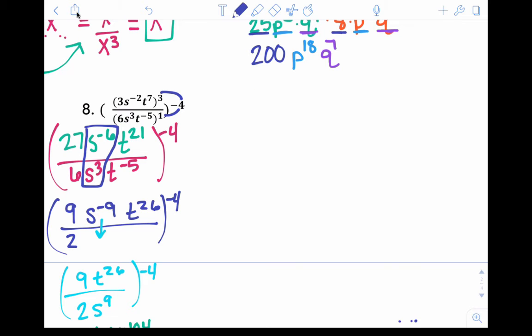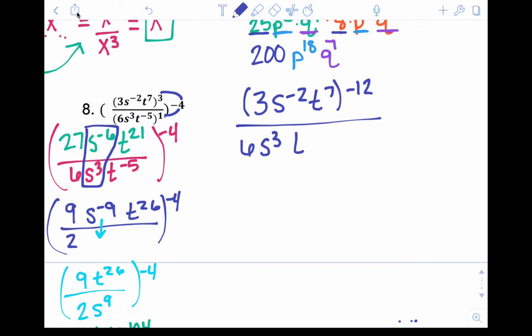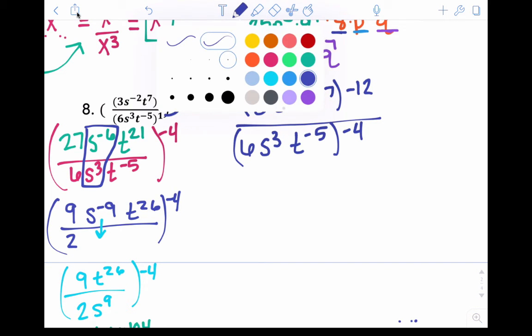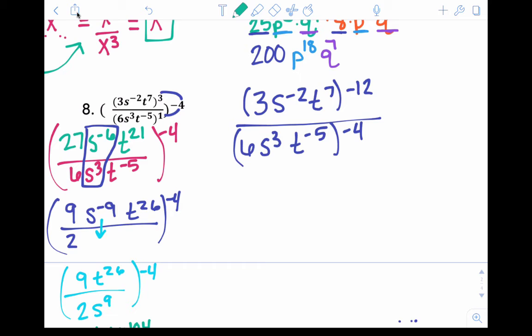So I'm going to get 3s to the negative second, t to the 7th, all to the negative 12th, over 6s to the 3rd, t to the negative 5th, all to the negative 4th. And now from here, I can do all of my simplifying.